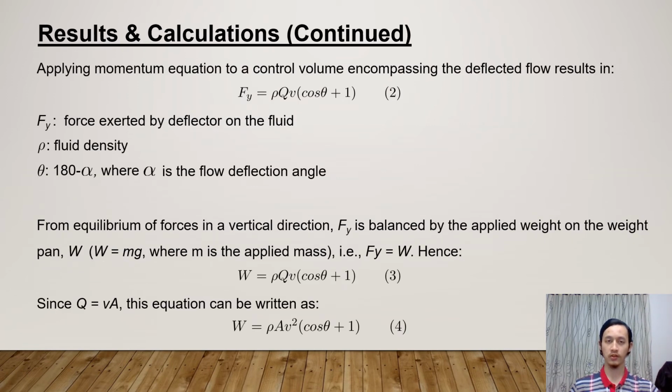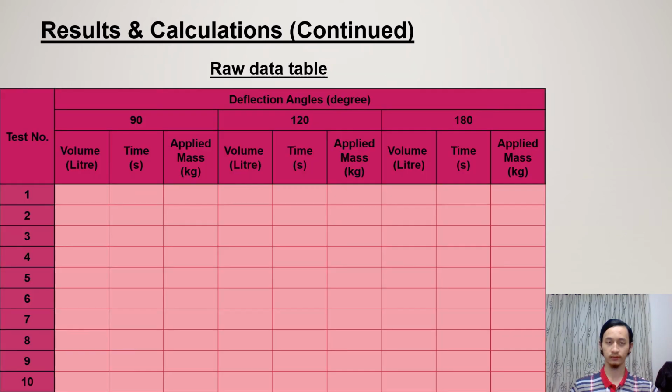Applying momentum equation to a control volume encompassing the deflected flow results in this equation. From equilibrium of forces in a vertical direction, Fy is balanced by the applied weight on the weight pen, hence this equation. Since Q equals VA, this equation can be written as W equals rho A V squared (cos theta plus 1). So this is the raw data table.